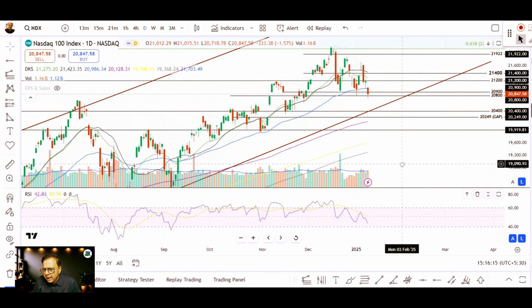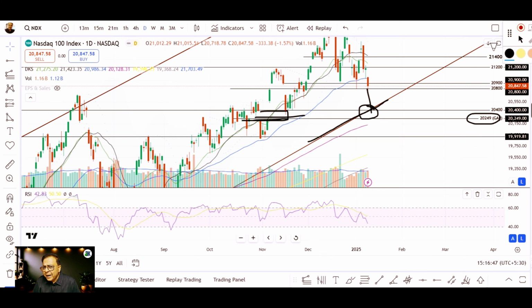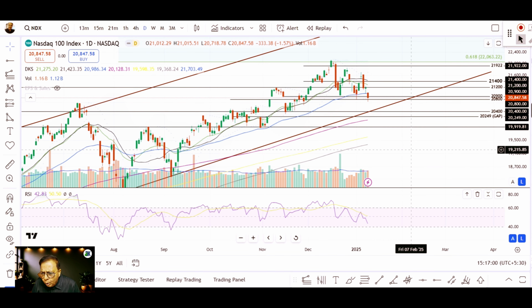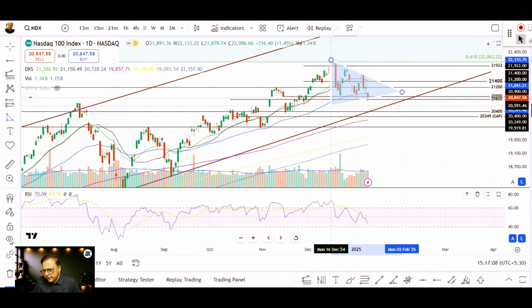If the price comes to this area, there might be a pierce through action of this rising trend line, and then price may bounce back. So this area is an important demand area, which is from 20,249 to 20,400. Now, what we can see further, if I draw some kind of pattern, I'm drawing it, please watch it carefully.